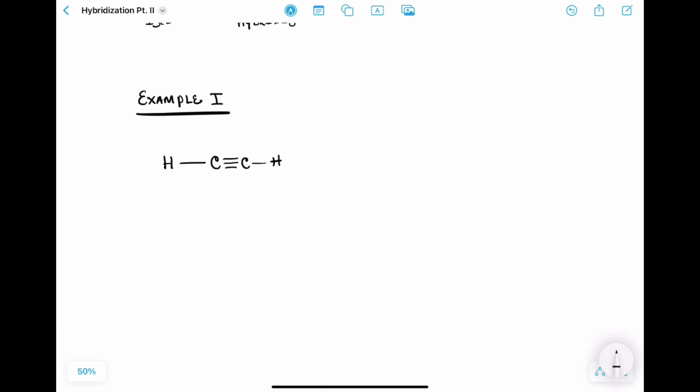We have to look at the hybridization of each atom. Typically they'll ask you what's the hybridization here, and they'll identify which atom they're referring to.